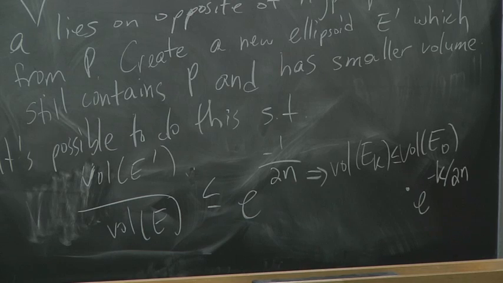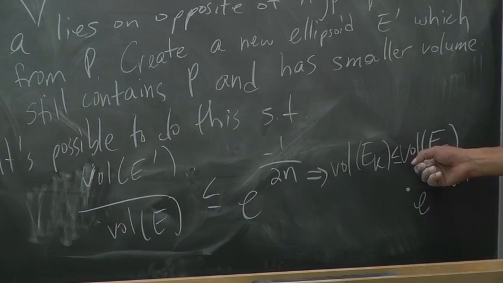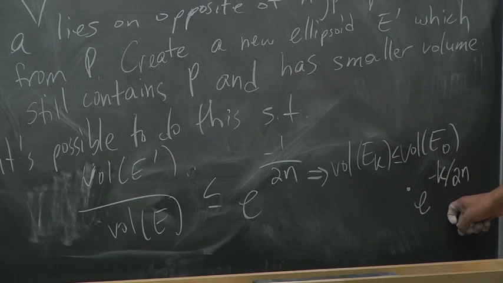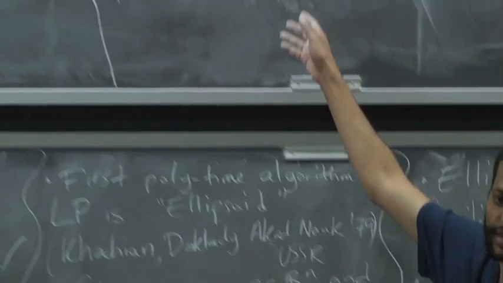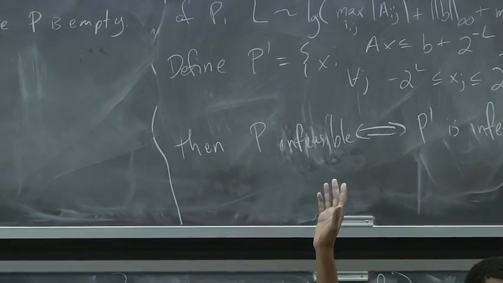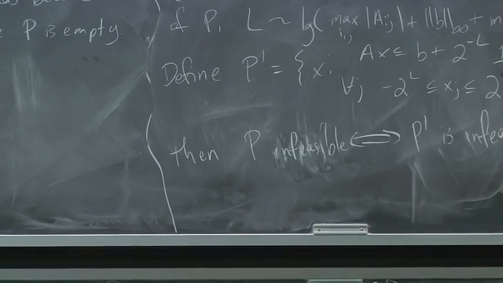And you know what the original ellipsoid is. It's some sphere, so you can compute its volume. As soon as the right-hand side becomes too small, smaller than the volume of this P prime, then you can just say it's infeasible.